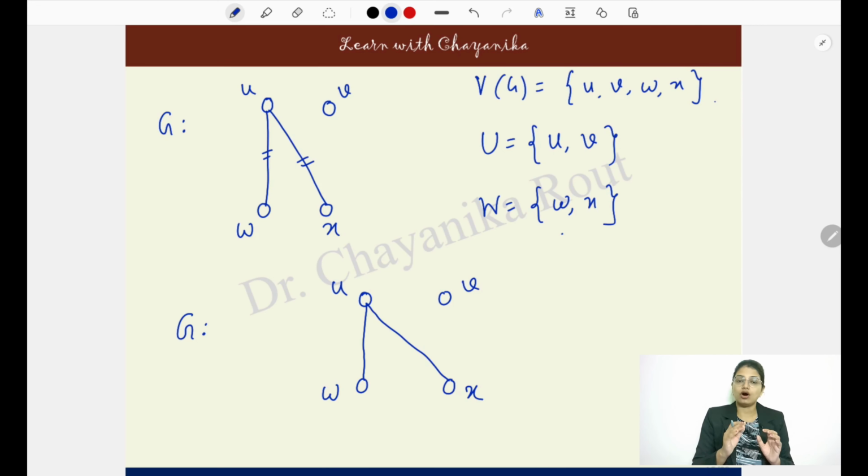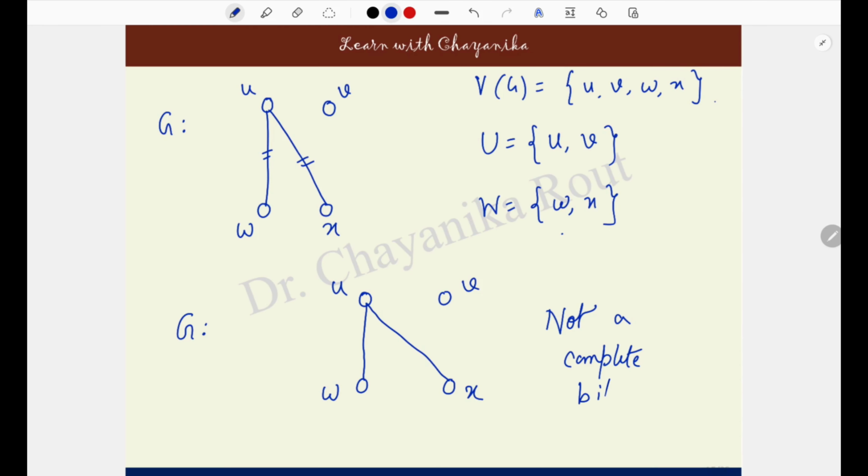By drawing all possible edges that I can, keeping it bipartite. That is, by making every vertex of one partite set adjacent to every vertex of the other partite set. Now see here, U is already adjacent to W and X, but V is not adjacent to any of W and X. That is the reason this graph is not a complete bipartite graph.